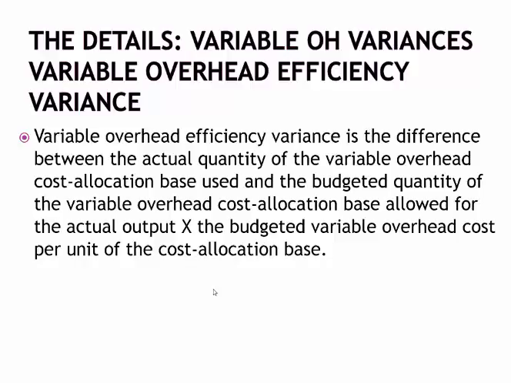All right, so we said 0.4 machine hours per unit is what was allowed. But what was actually utilized is a different story. We're going to take the difference between those two numbers and multiply it times the budgeted variable overhead cost per unit of the cost allocation base to get the variable overhead efficiency variance.